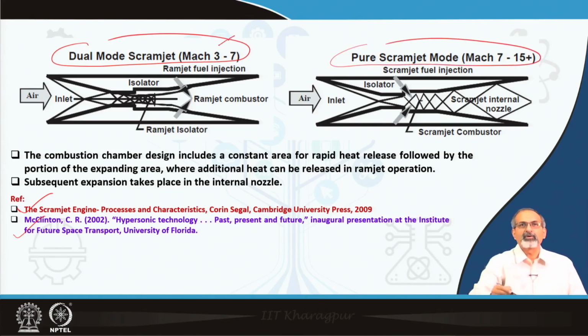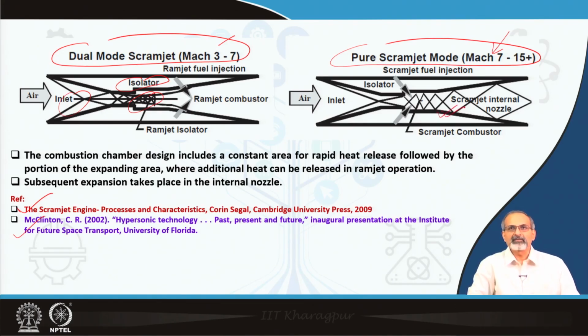The comparatively lower one is the dual mode scramjet. You can see the isolator over here, and then you have the combustor, the fuel injection happening further downstream. You see the shock train over here. You see the inlet further upstream, and then in the other configuration which operates at still higher Mach numbers of about 7 to 15 plus, you see the injection happening further upstream, and then you have a train of shocks here.